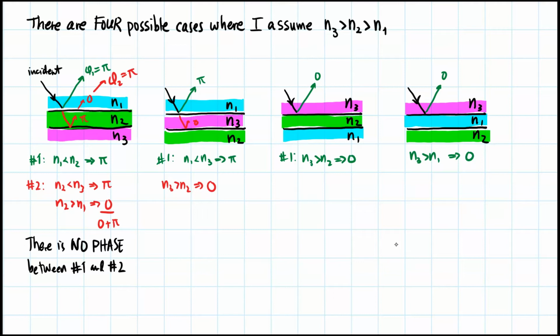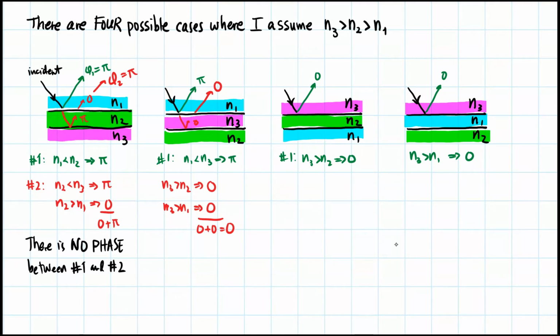And then if I go from 3 to 1, that means here I'm going from a harder to a softer. I get a phase of 0, so therefore 0 plus 0 gives me a 0 phase, so therefore wave number 2 has a phase of 0.